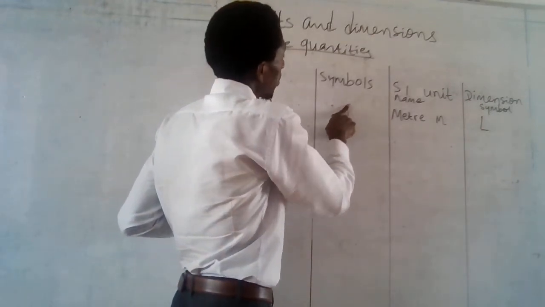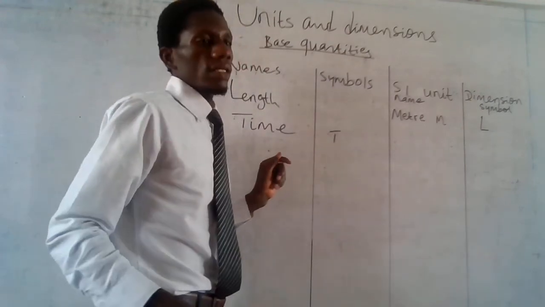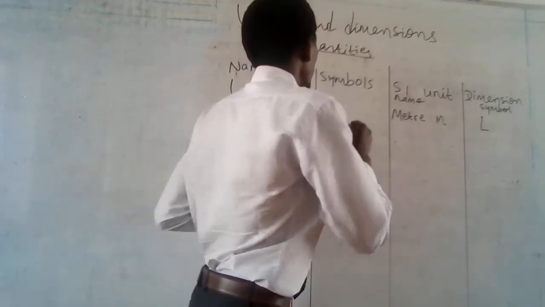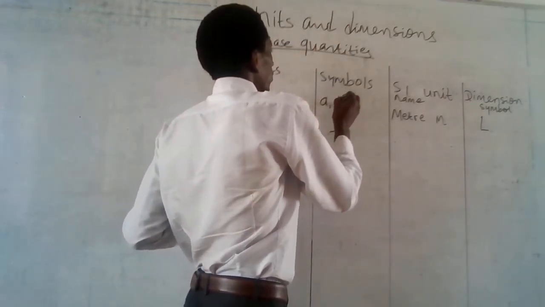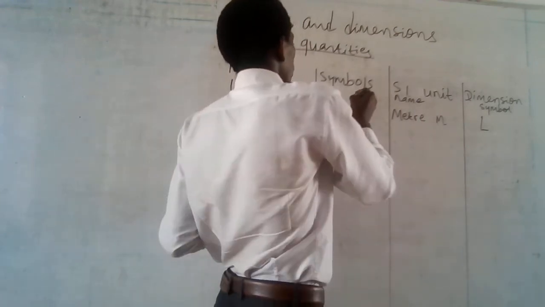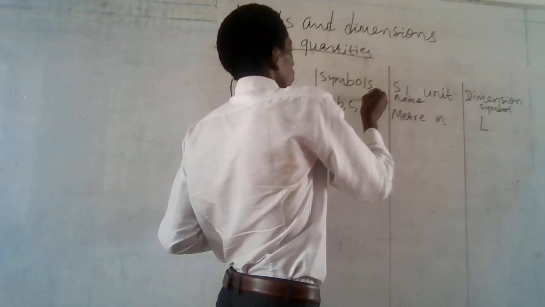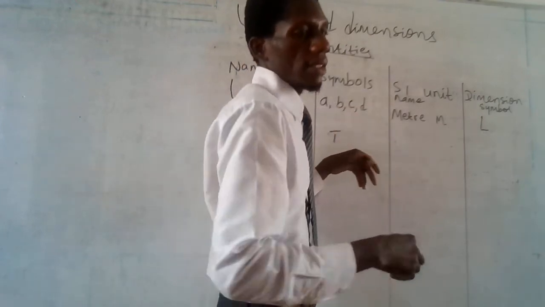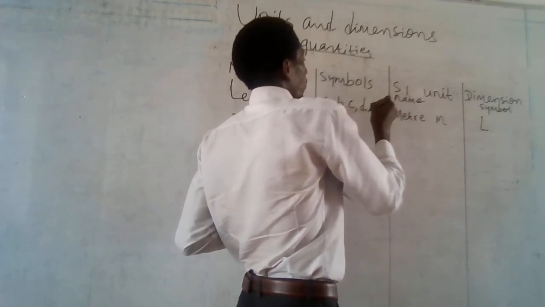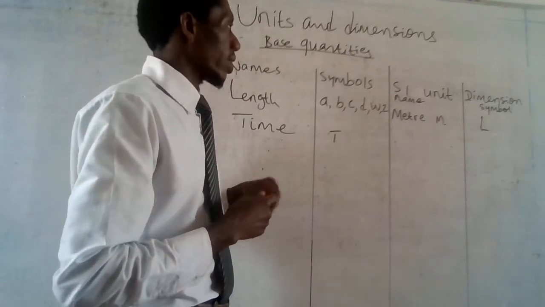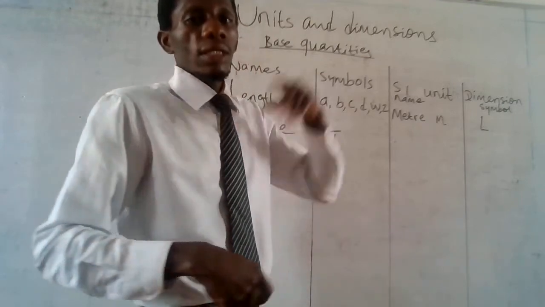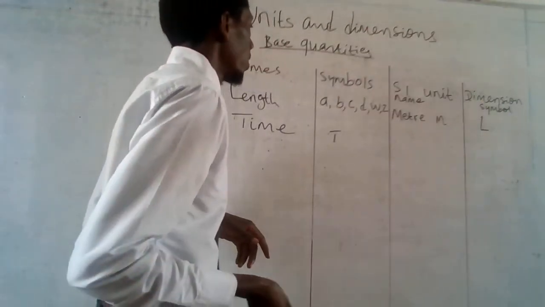The symbol for length can be in alphabetical form. It can be A, B, C, D, and it can be any letter. Because when you're talking about length, you're talking about the distance, X and Y, or A to B.